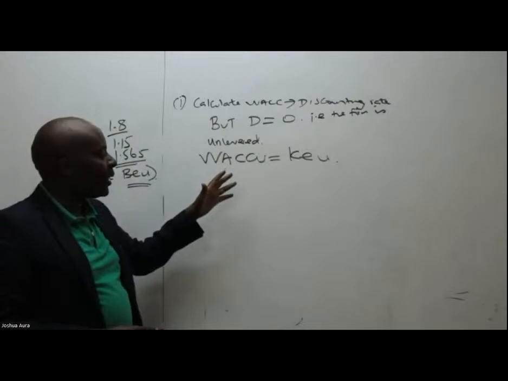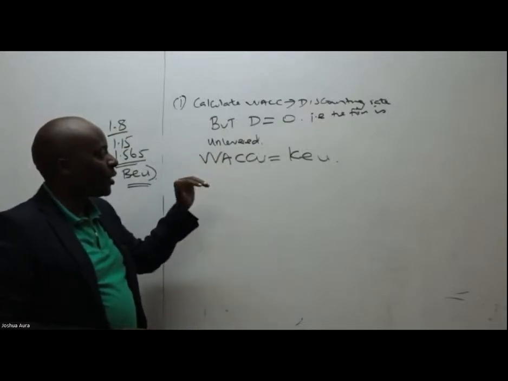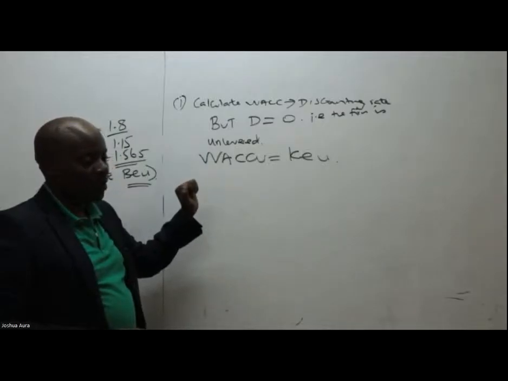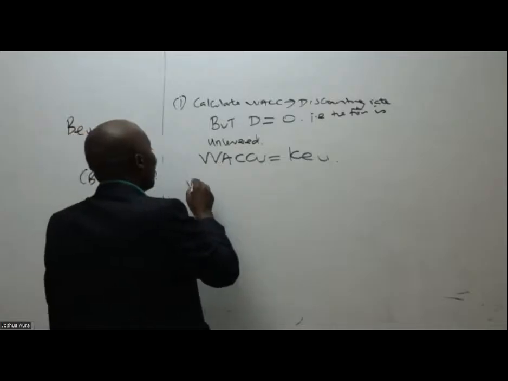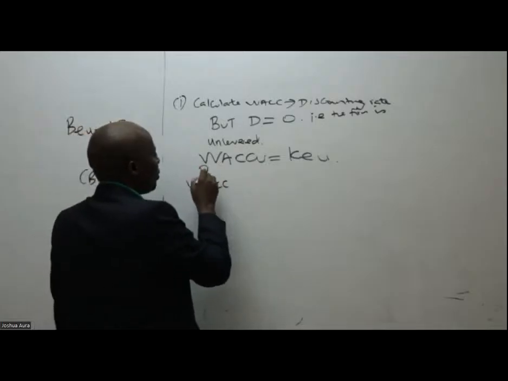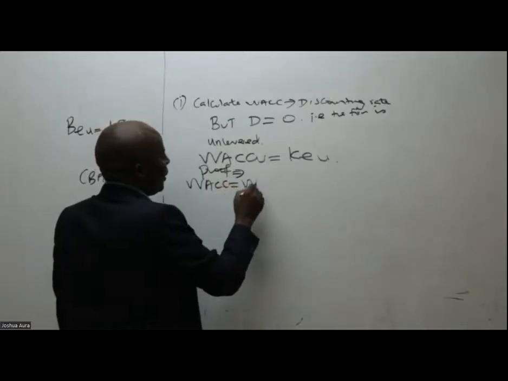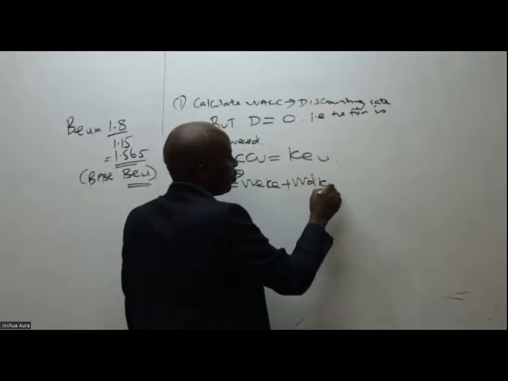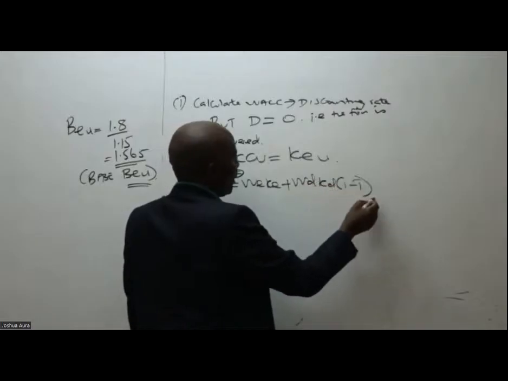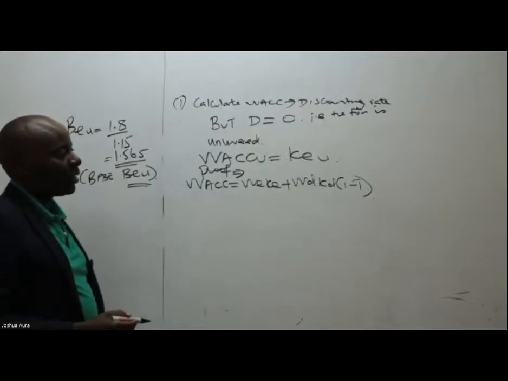Some students sometime back told me WACC U equals Ke. No. It's WACC U equals Ke U. And we can prove this. To get WACC, we take weight of equity times cost of equity, plus weight of debt times cost of debt, times 1 minus tax.